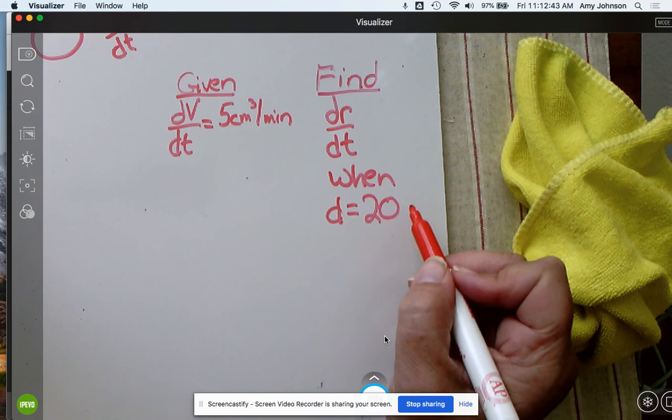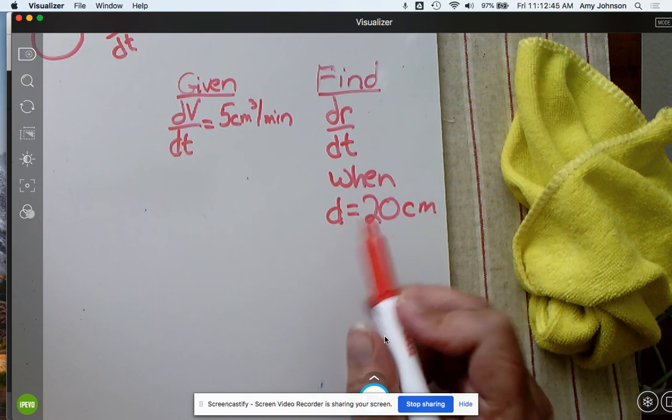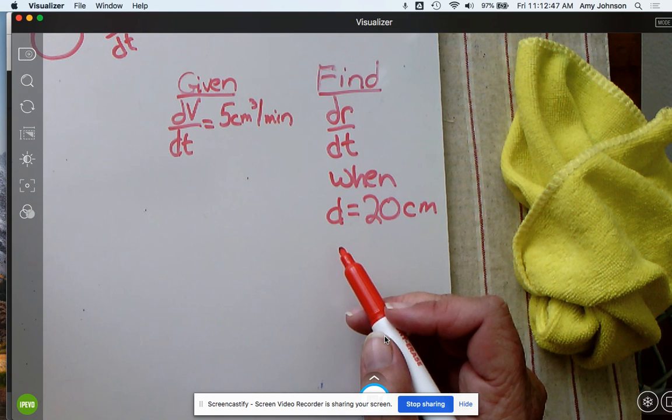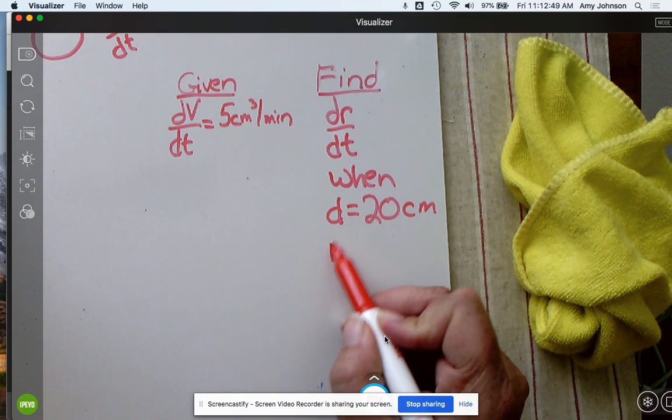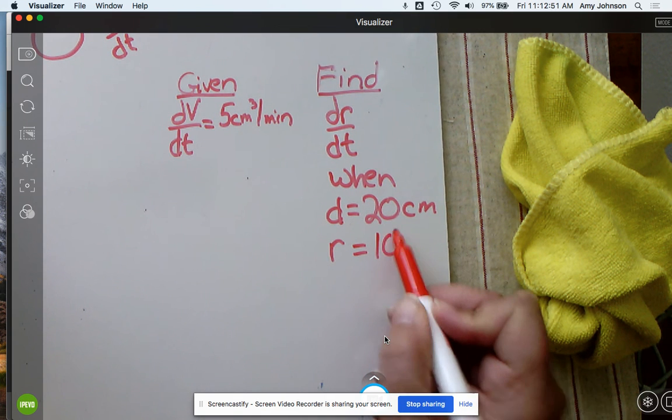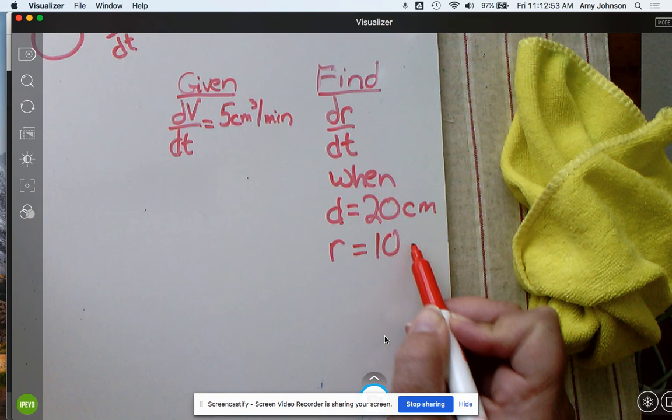And by the way, when we're dealing with all of our circle formulas and spheres, we're always dealing with radius, right? So I'm going to put that this would also be the same as radius equals 10.